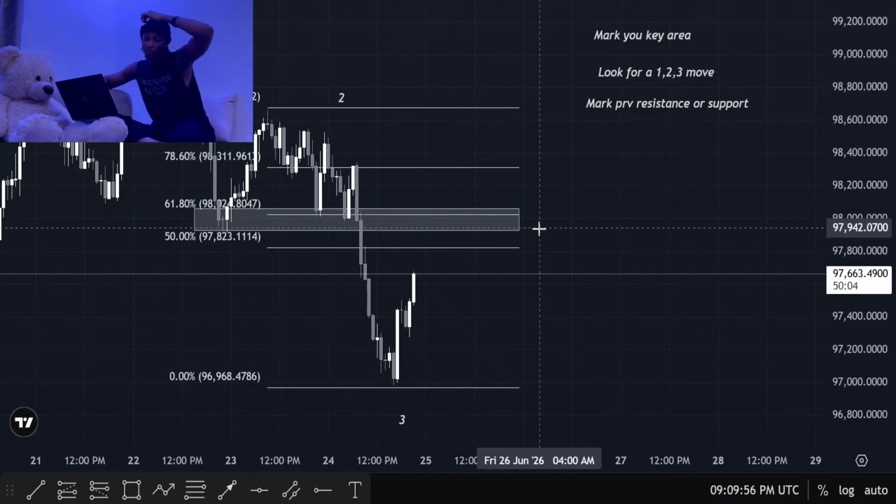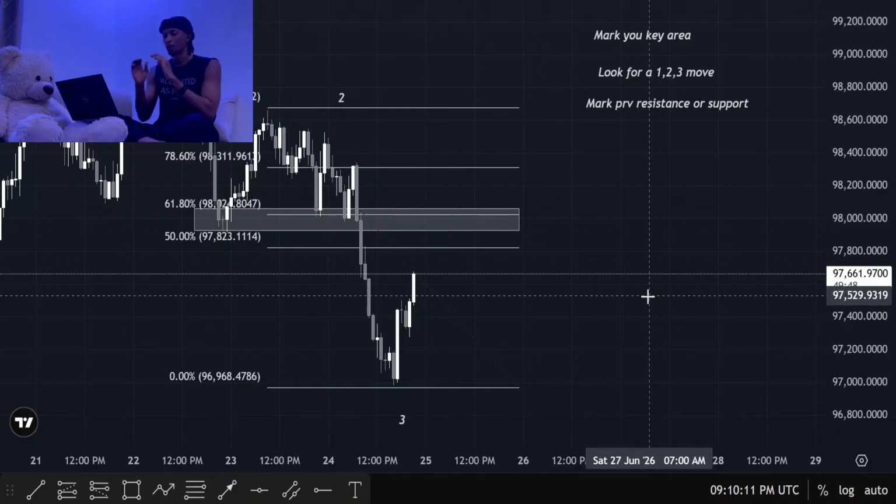I believe it's usually the 50 to 61.8%. So oftentimes, when price gets to that point, it usually does something.